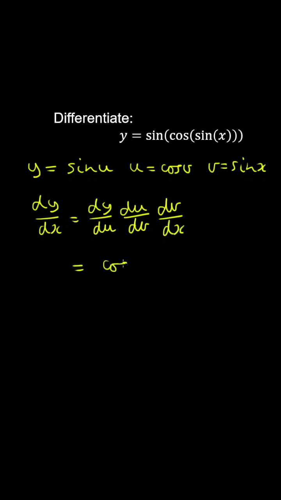So dy du is cosine u, du dv is minus sine v, and dv dx is cosine x, and you can substitute for u and v to get the final result in terms of x.